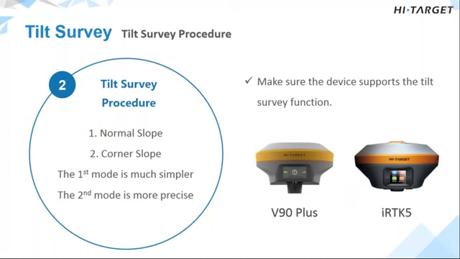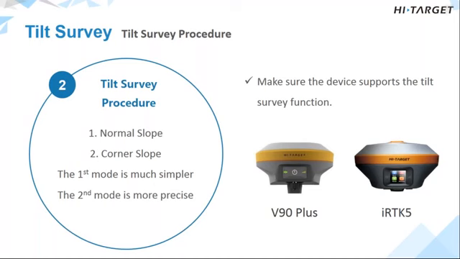After you finish all the procedures of the tilt survey calibration, then you can do the tilt survey. The tilt survey can be divided into 2 modes. The first one is the normal slope, and the second one is the corner slope.